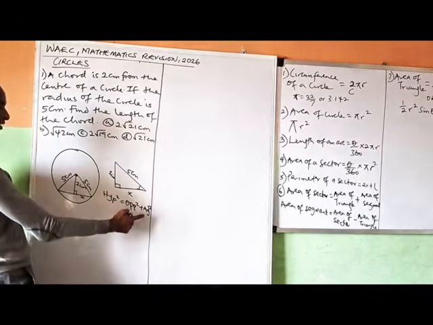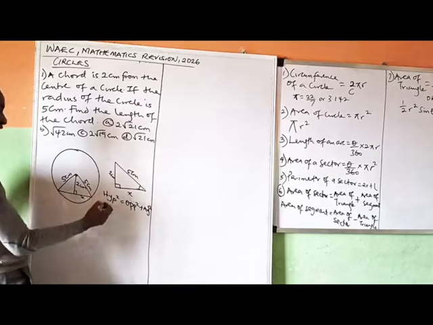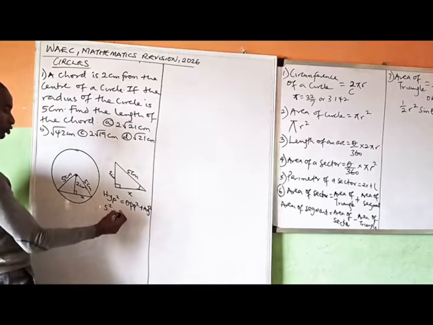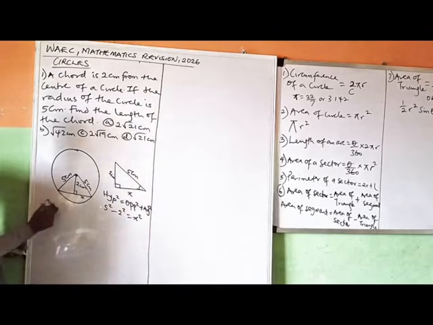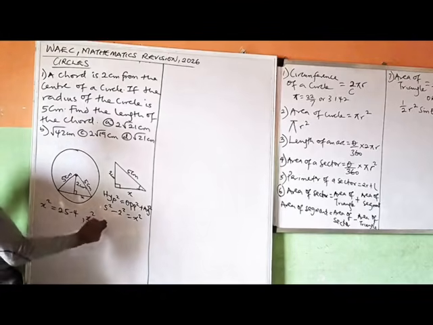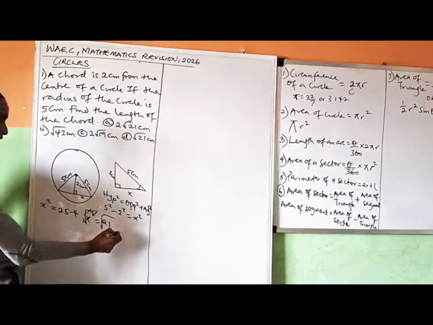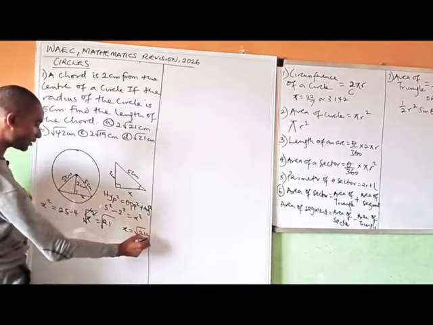So to find the adjacent, it is hypotenuse squared minus opposite squared. 5 squared minus 2 squared equals x squared, so x squared is 25 minus 4, which is 21. Finding the square root of both sides, x is root 21 centimeters.